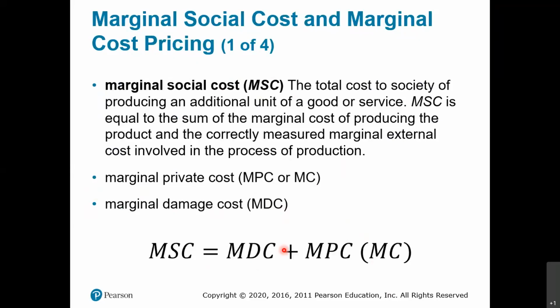But some fish may die. Okay, why do I care about that? Fishermen downstream may lose their jobs. Okay, now that's a damage. You with me? So the marginal damage cost is that the fishermen downstream would lose their jobs.